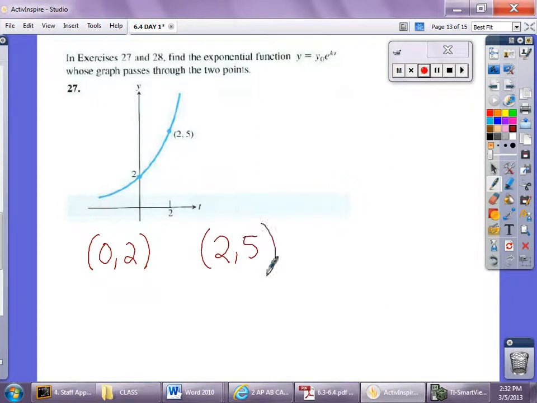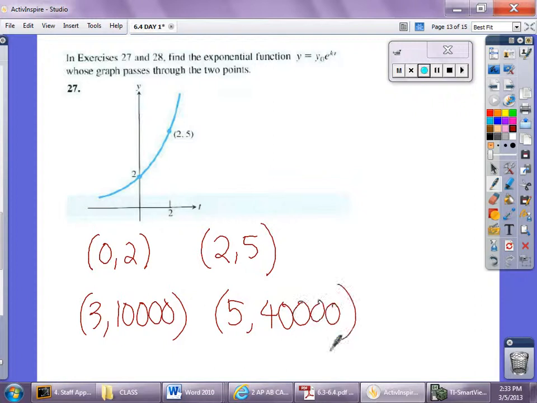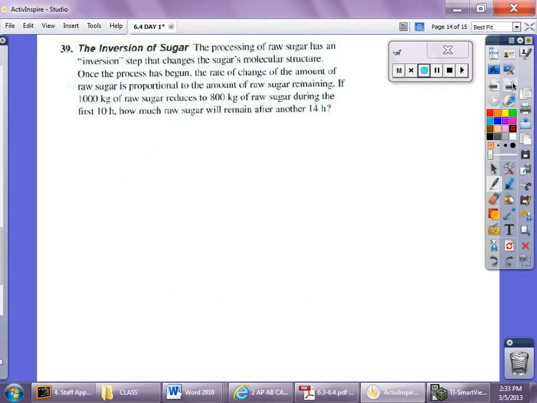In the problem we just did, at time equal to 3 there was 10,000, and at time equal to 5 there were 40,000. Every single one of those problems is going to be done the same if the rate of change is proportional to the amount present, meaning they are exponentially related. I gave this last one to show you that process. I'm not going to do it, but I wanted to show you it's exactly the same.